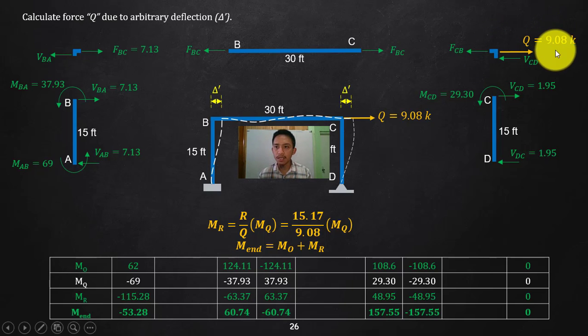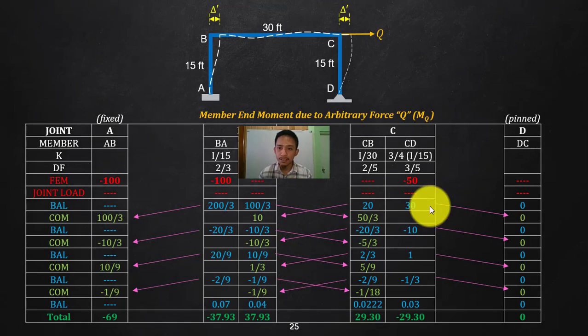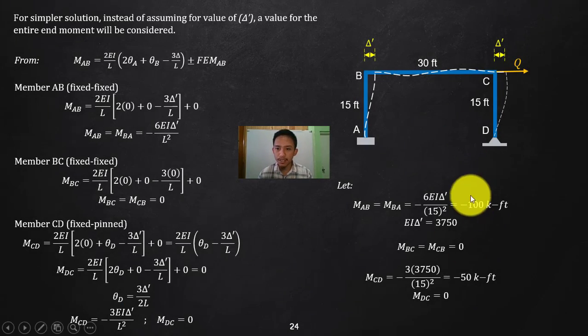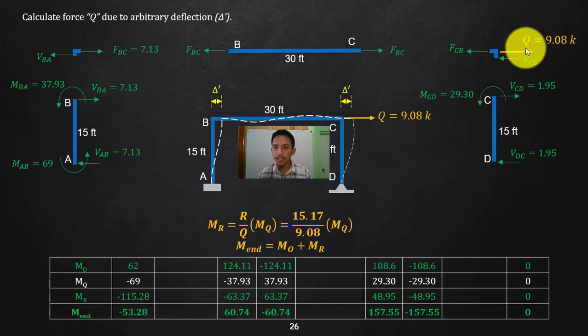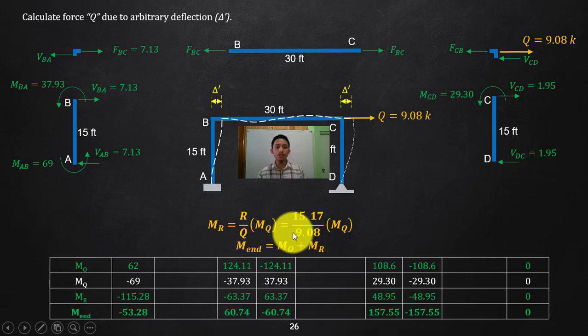So that is 9.08. As I've said a while ago, if you assume a different sign on your formula for the end moment, you will end up actually with an opposite sign, or it means the other way. But you need to carry that one in your ratio.